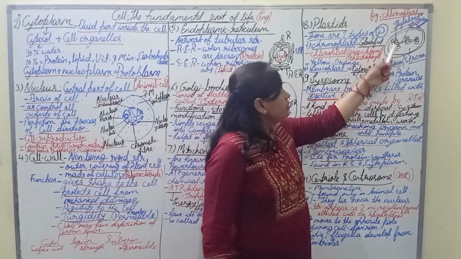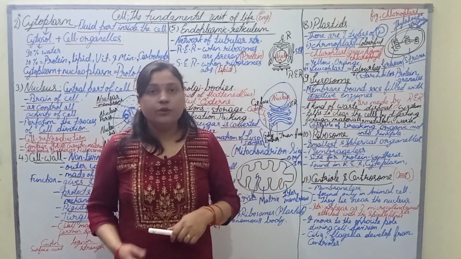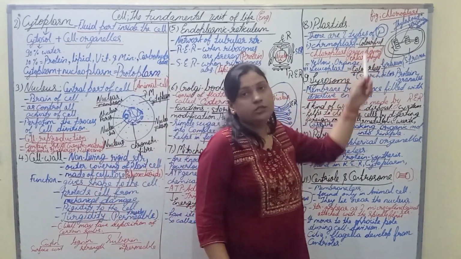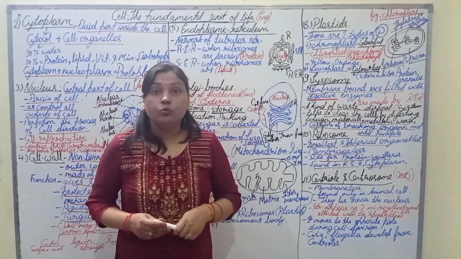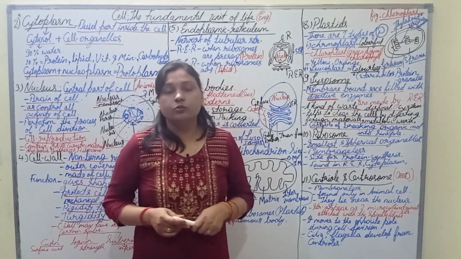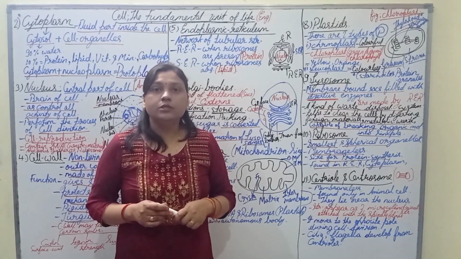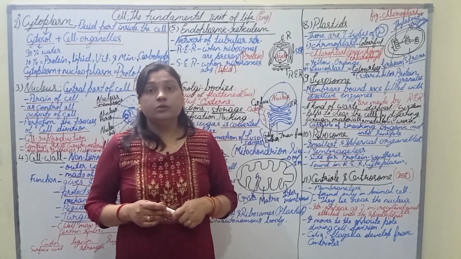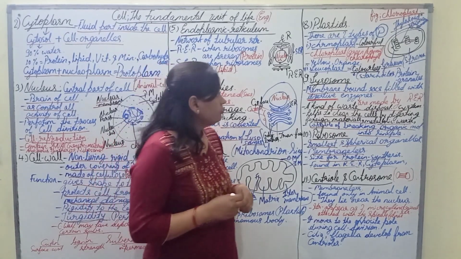So this is the structure of chloroplast, and like mitochondria, chloroplast also has its own DNA and ribosomes. So chloroplast is also known as a semi-autonomous body, as it prepares its own structures.